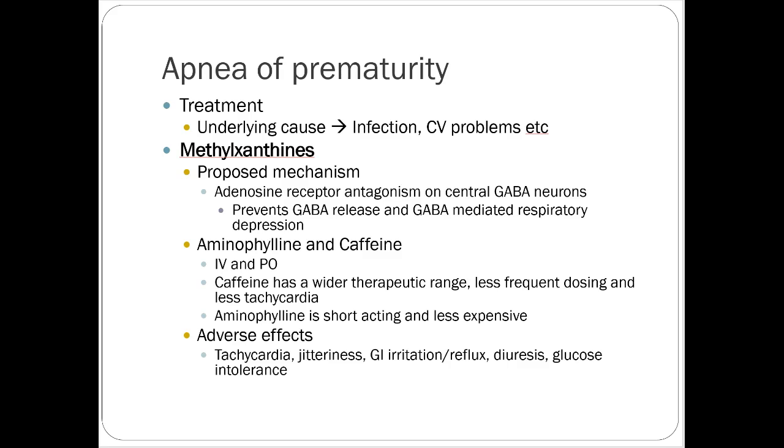This has a unique medication, sort of. Methylxanthines we use for this, and you first want to treat the underlying cause like you would with anything. So if it's CV disease or an ID, you want to make sure you're treating that. But we can give methylxanthines for support.